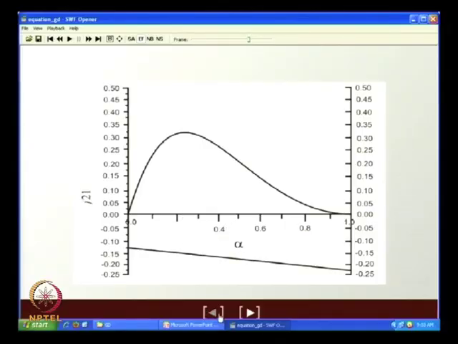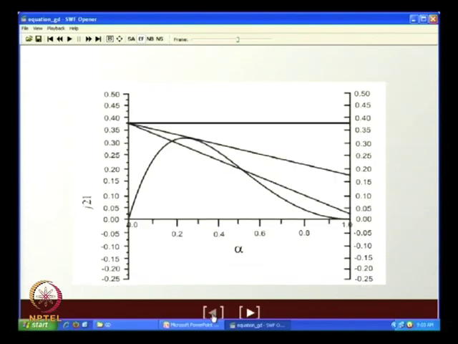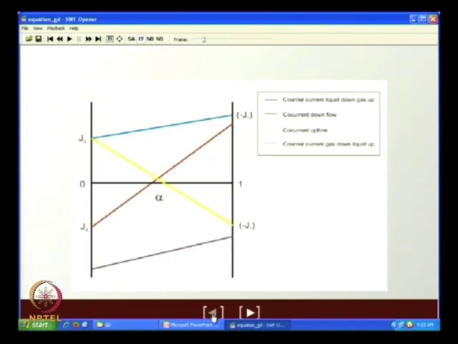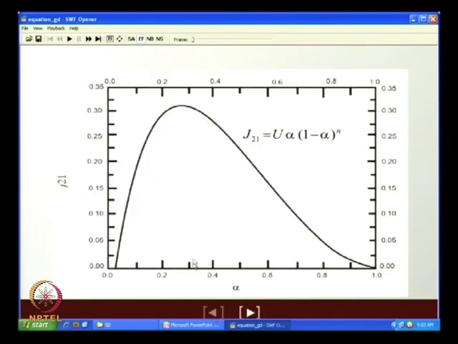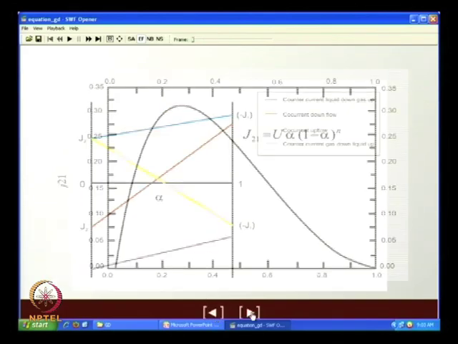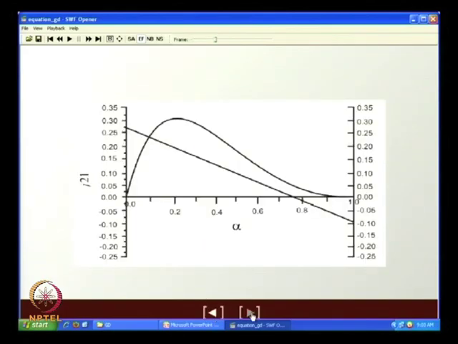Okay? So, from these particular curves what have we found out? From the point of intersection of the straight line as well as the curve, we can superimpose them on different graphs and we can find out the corresponding value of alpha and J21 depending upon different values of phase flow rates or depending upon different values of Q1 and Q2. And what have we found out?